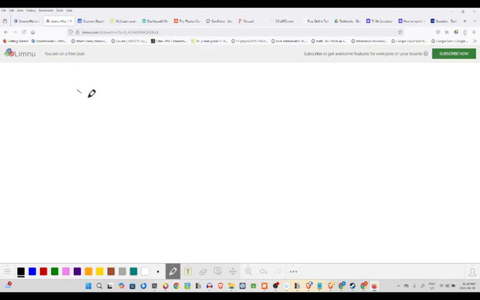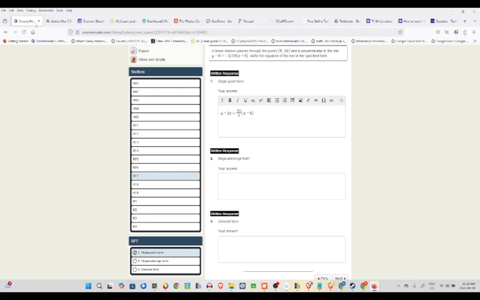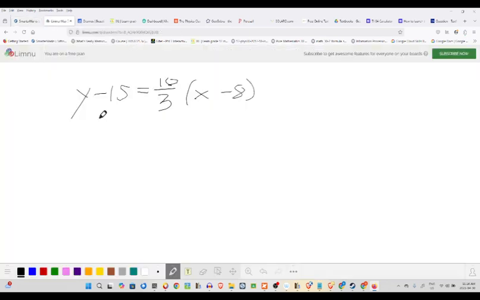So we have y minus 15 is 10 over 3 times x minus 8. I'm going to multiply that 10 over 3 all the way through.